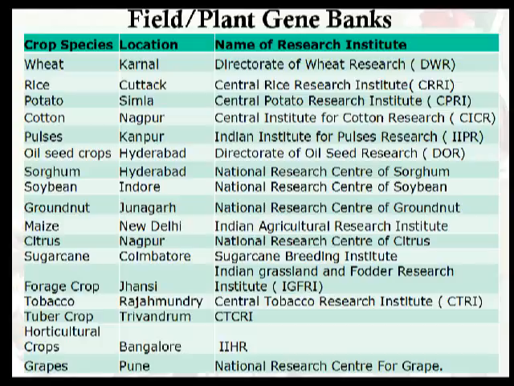IGFRI, many times it is asked in the objective question. CTCRI, that is Central Tuber Crops Research Institute, and IIHR Hesaraghatta, that is specifically in Bangalore for horticulture crops. Grapes in NRCG, that is in Pune.